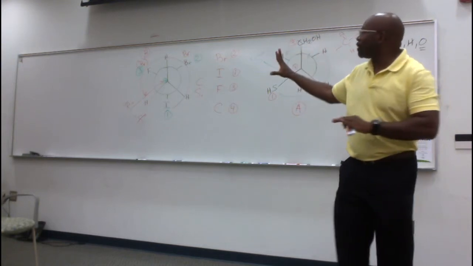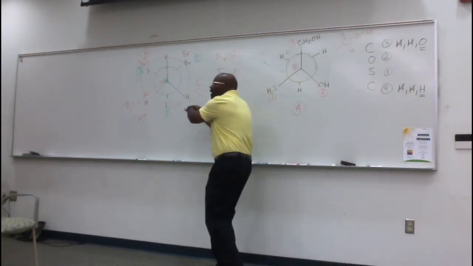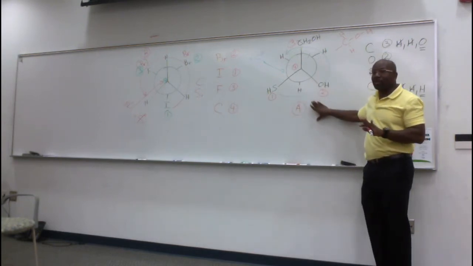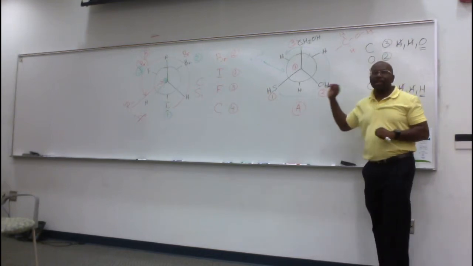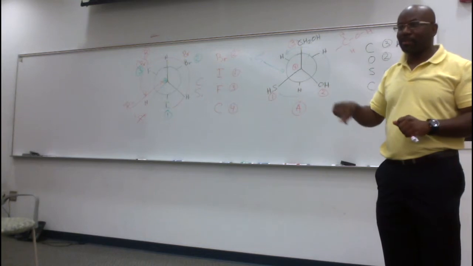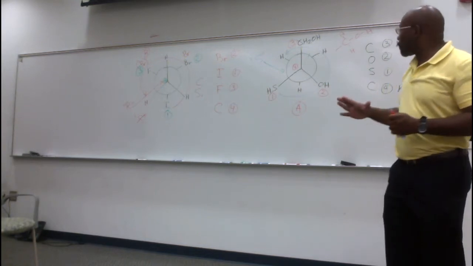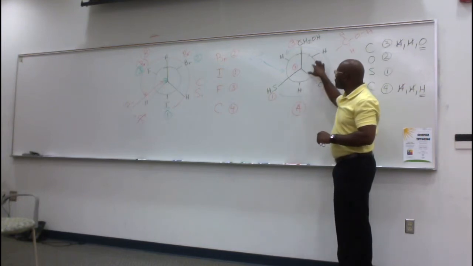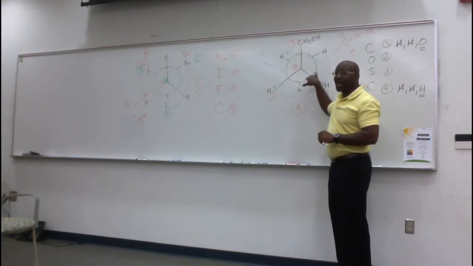You keep mixing these two together. For this one right here, is the carbon atom the first carbon atom or the second carbon atom? It was the first one. So carbon number 4, is it in the front or in the back?